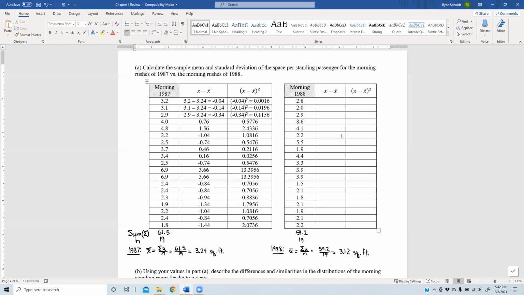Now we're ready to go for the standard deviation. So for that, remember that's S equals, and then we're going to have a big old square root, and it's going to be the sum of your x minus x bars squared. And this is sample standard deviation, so divide it by n minus 1.